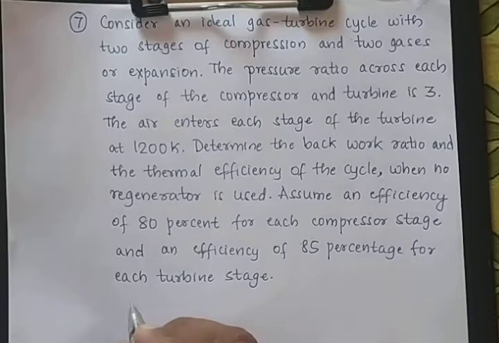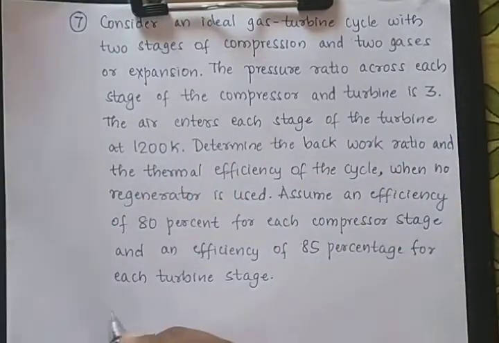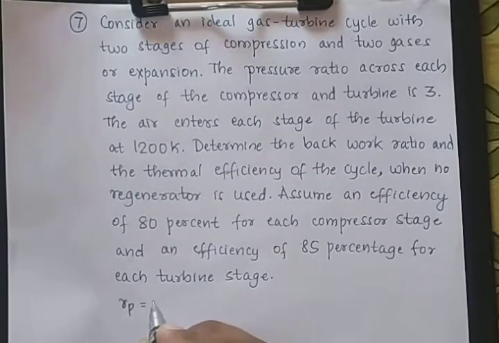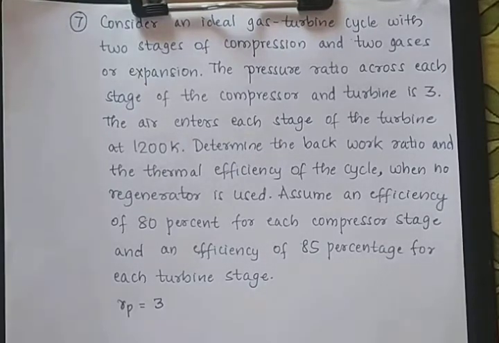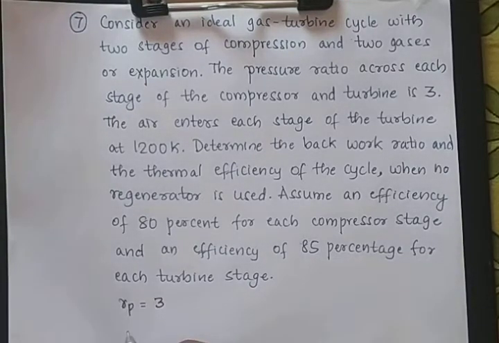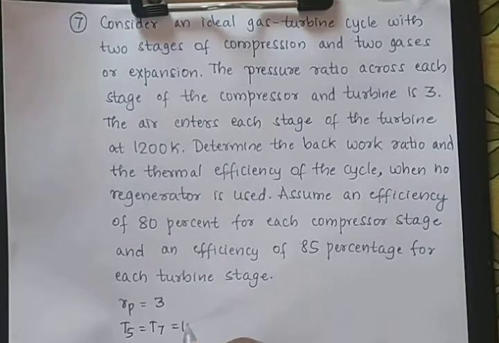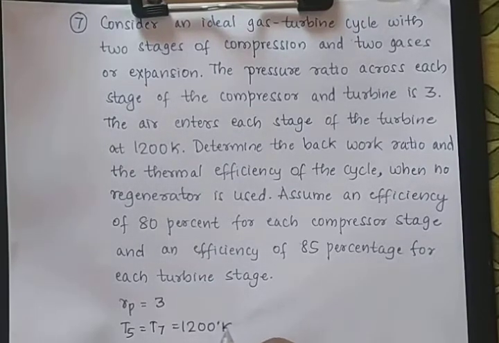So he has given initially the pressures, that is RP equal to 3. Then temperatures, that is the temperature at which heat is added. I will write it as T5 equal to T7, which is 1200 degrees Kelvin.